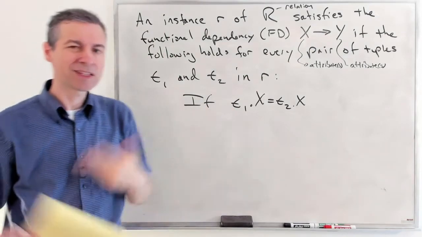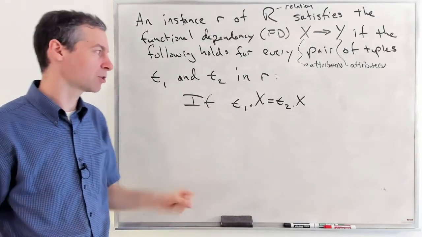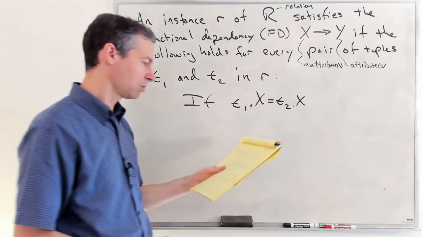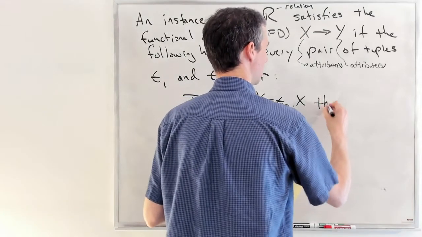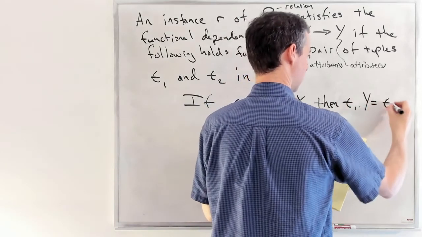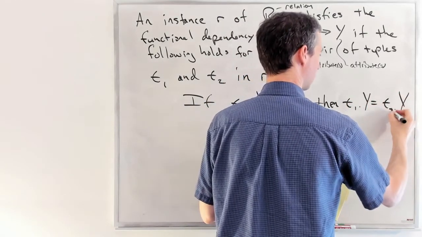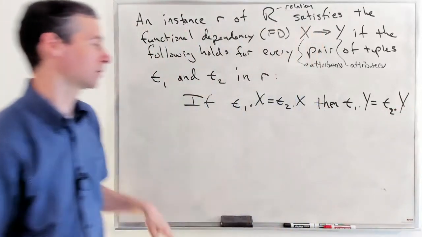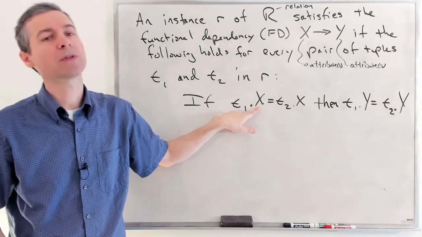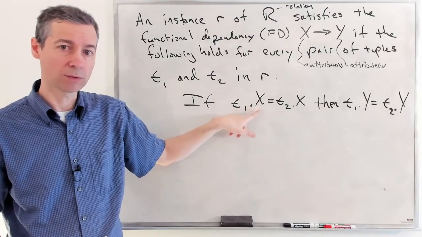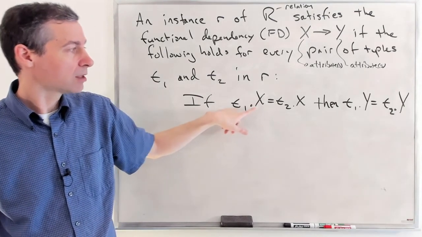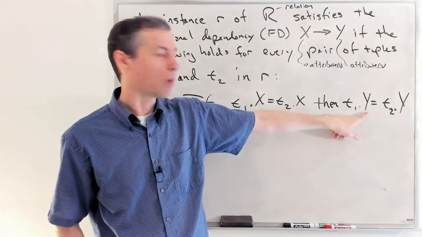Anyway, it's easy enough at the moment to think of them as single attributes X and Y. So if T sub 1 dot X is equal to T sub 2 dot X, then, and this is the functional dependency part, T sub 1 dot Y is equal to T sub 2 dot Y. Basically, if we know X, this attribute or a set of attributes, whatever its value is, then wherever that value is, we know what Y is.